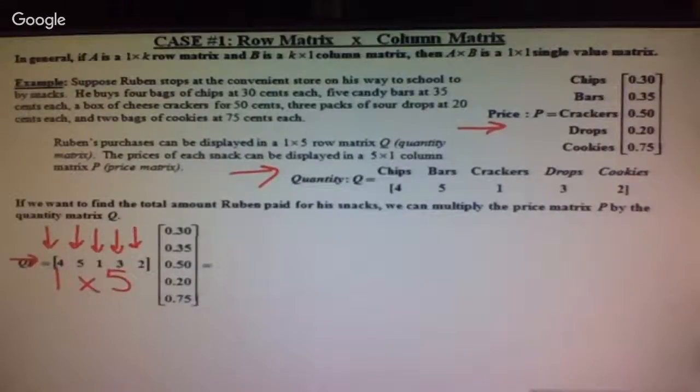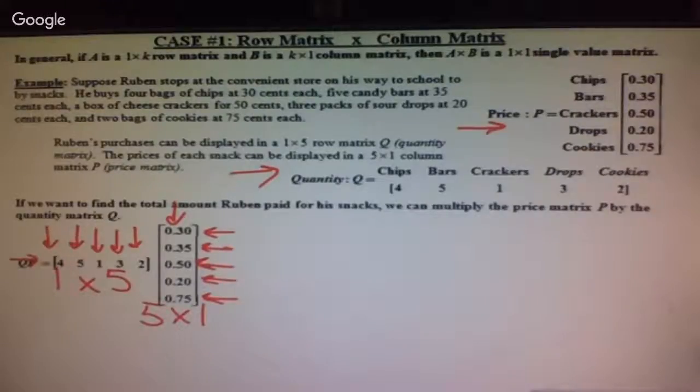So my column matrix is a what by what? 1, 2, 3, 4, 5 rows, 1 column. So this is a 5 by 1 column.